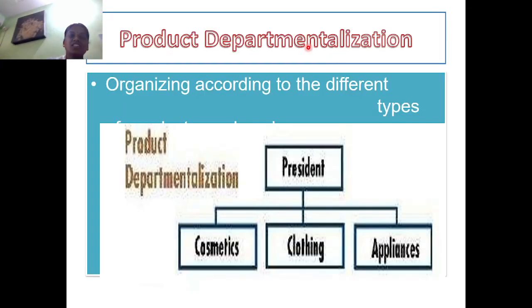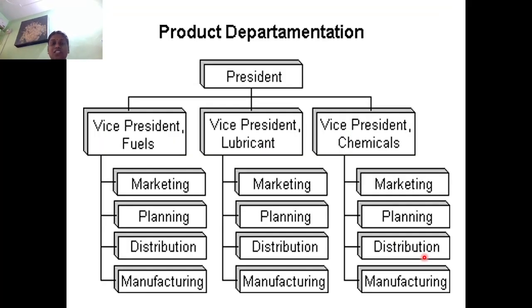Next, product departmentalization: organizing according to different types of product. The president has, under him, cosmetics separately, clothing separately, and appliances, so each and every product is different.